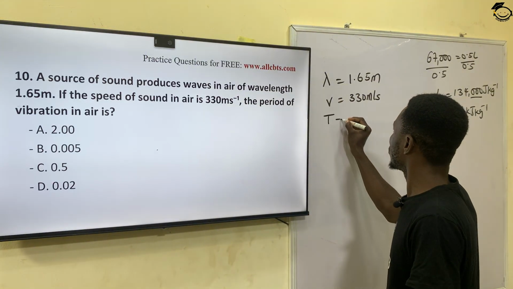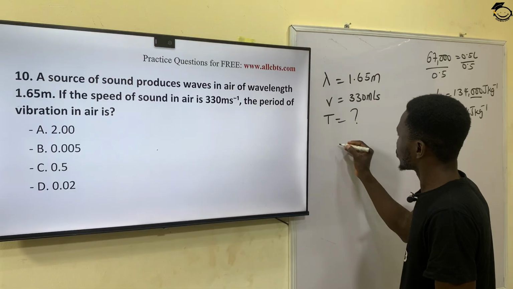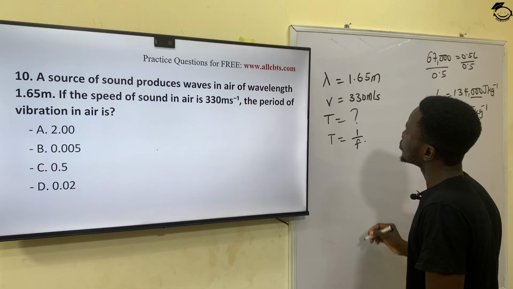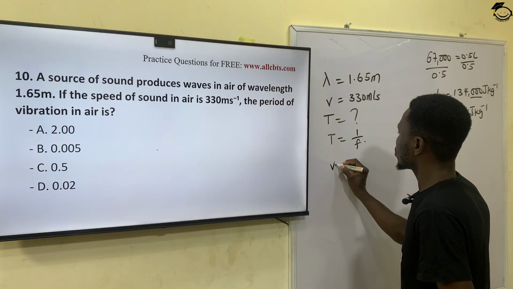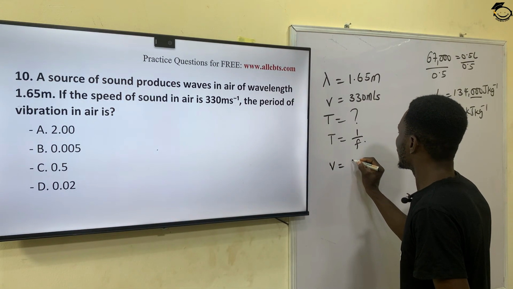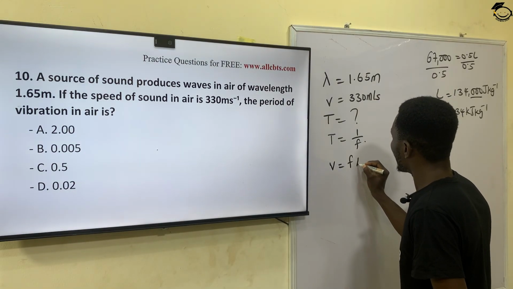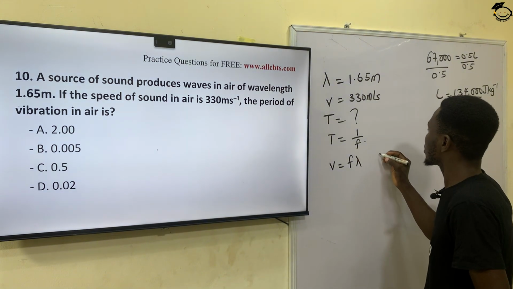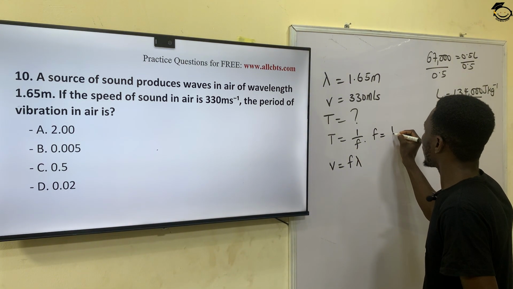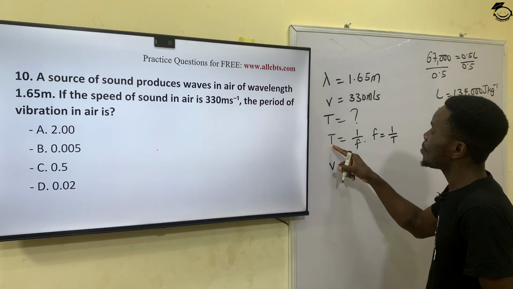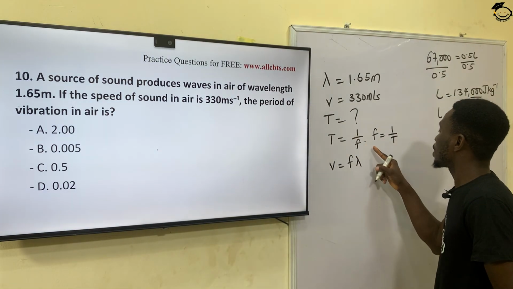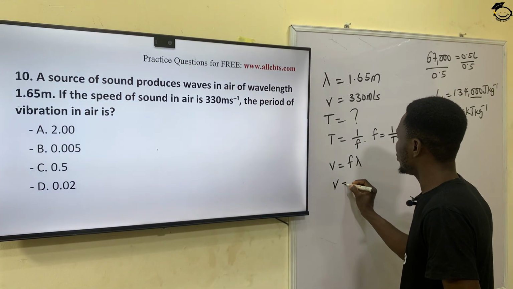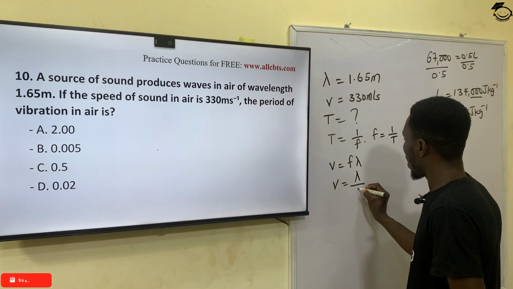We are looking for the period. We know that the period is 1 over frequency, and that the velocity of sound is equal to f lambda. So if the period is 1 over frequency, then frequency is 1 over period, which means that velocity is equal to lambda over period.